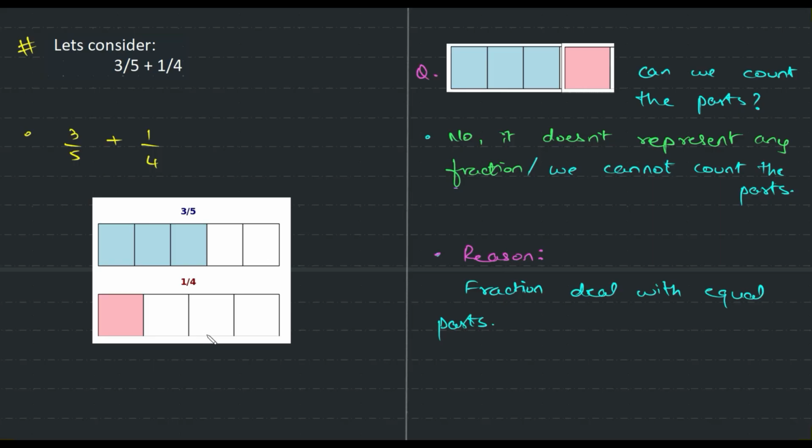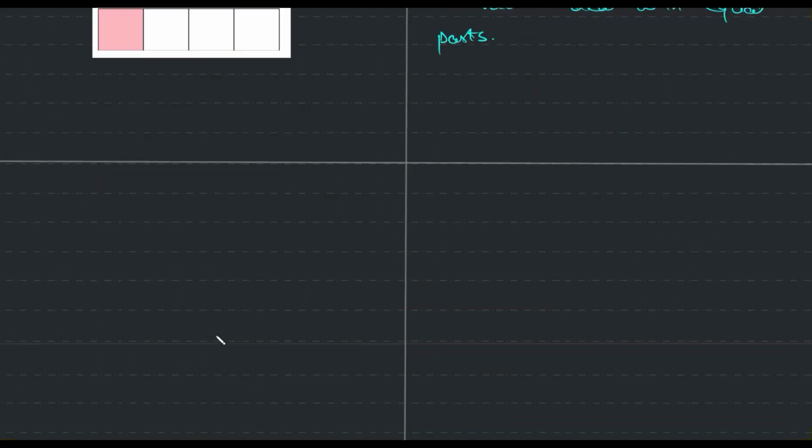This was the question. Now let's actually do the steps. We have 3 by 5 being added to 1 by 4. Before adding, we have to figure out the LCM of 5 and 4. In this case, it's 20. Then convert 3 by 5 to an equivalent fraction with 20 in the denominator.